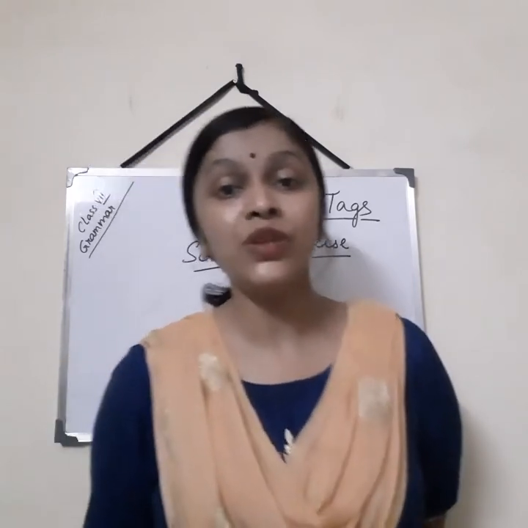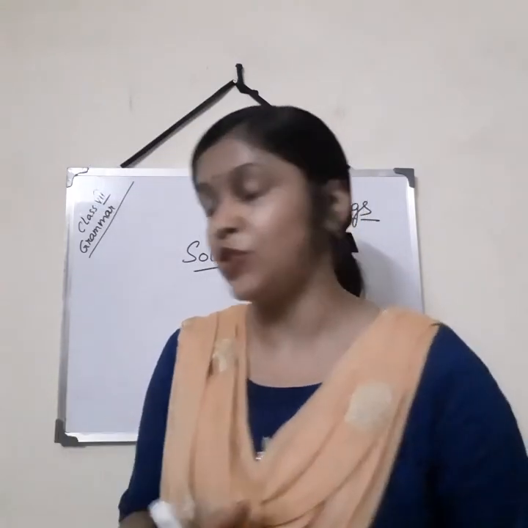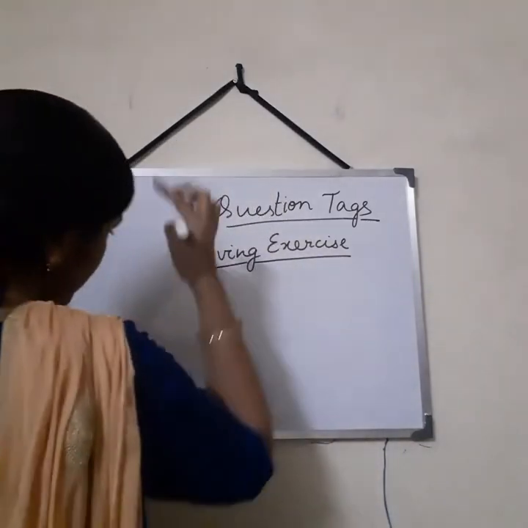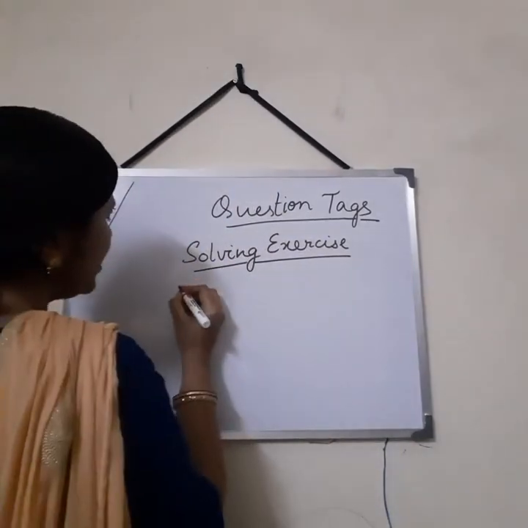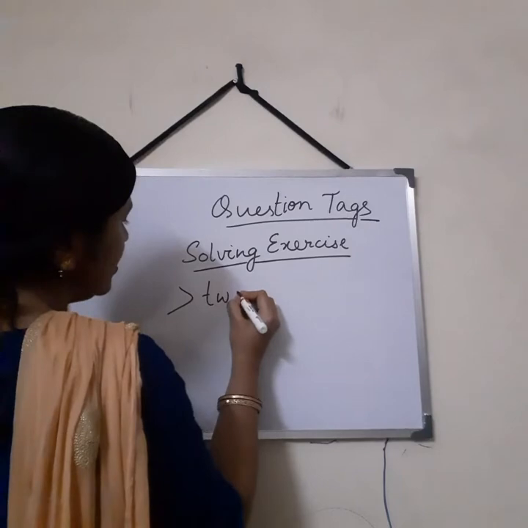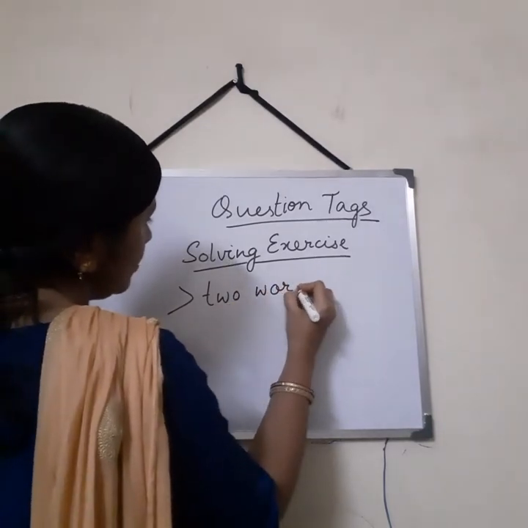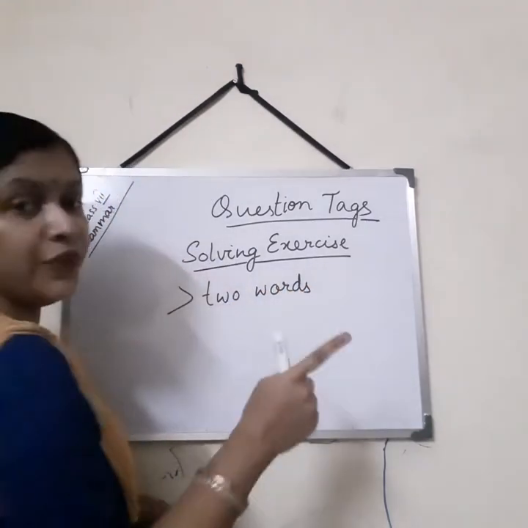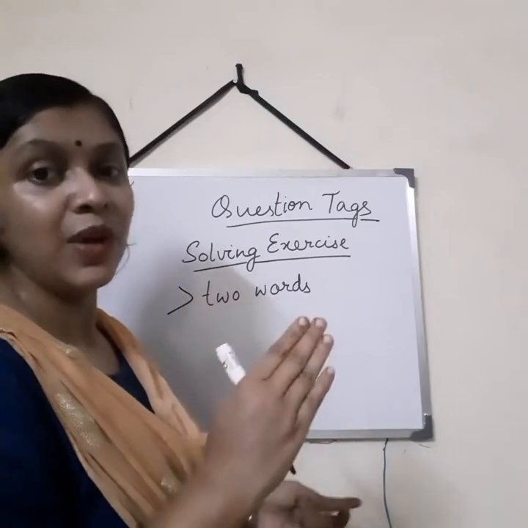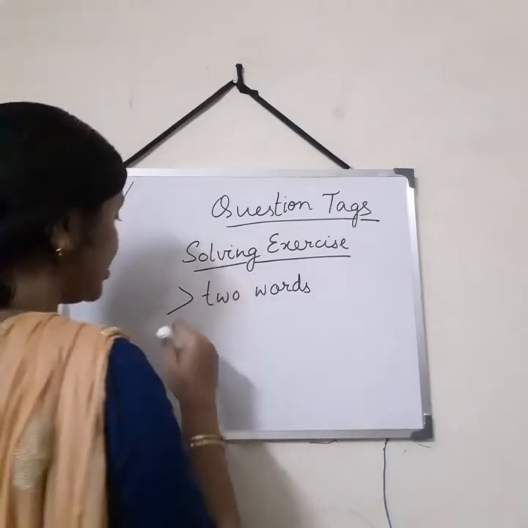Okay, so we understood a few things about question tags. Let us recapitulate. Firstly, question tags are made of just two words, one of which is the subject and the other is the auxiliary verb that we attach with it.